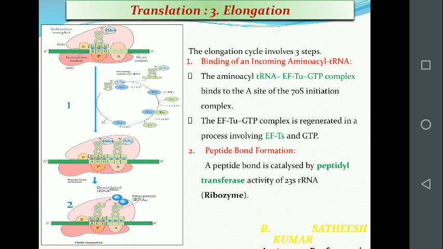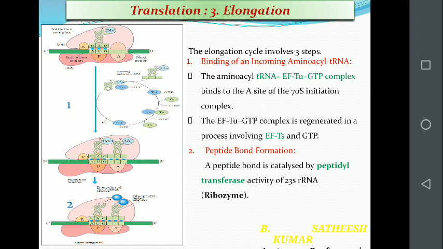During elongation, the second codon is now in the A site, and the corresponding tRNA is brought into this A site by the EF-Tu-GTP complex. Once it binds the A site, GTP is hydrolyzed and EF-Tu-GDP is released.